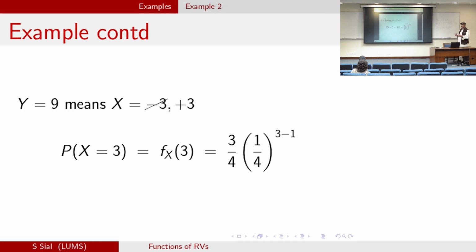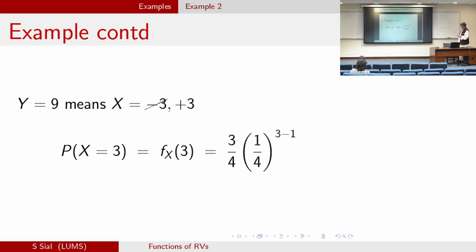Well, that's given by the PMF for x. You see, the probabilities that we're working out for y are related to the probabilities that we're working out for x, which are given by the PMF for x. So we might be able to write the PMF for y taking some help from the PMF for x.